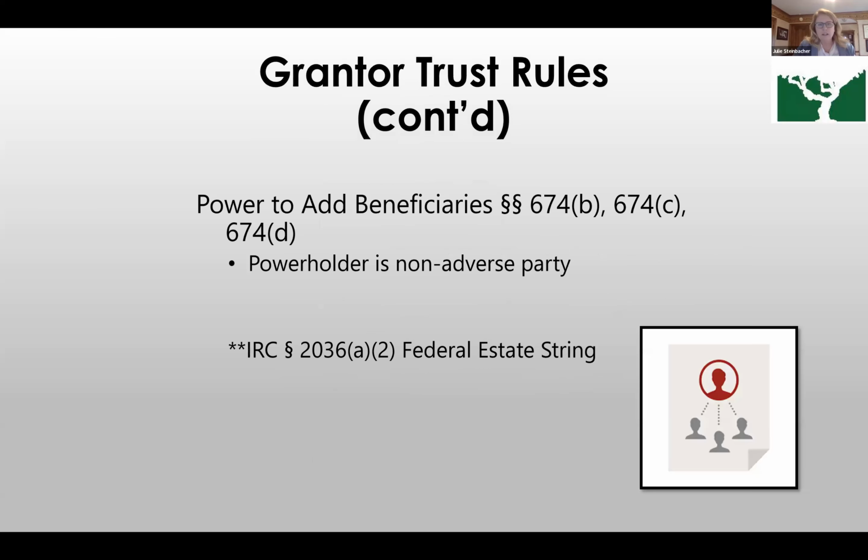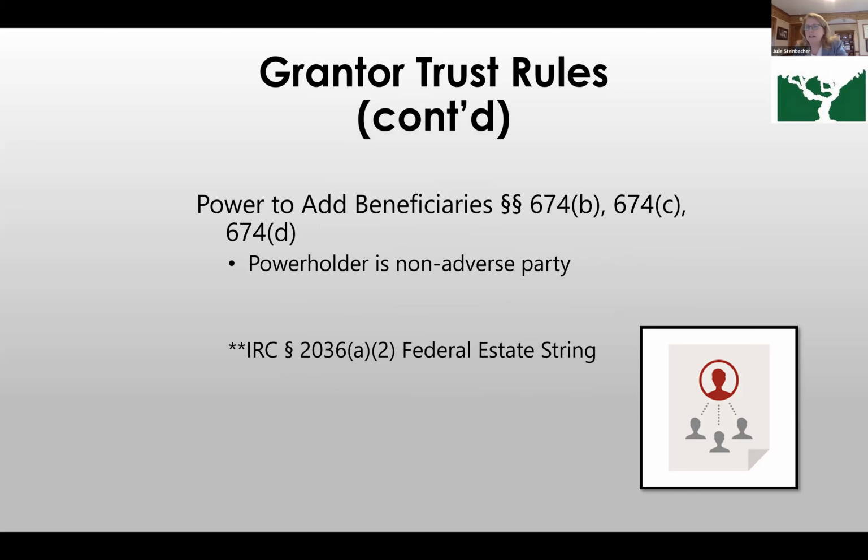The power to add beneficiaries. And again, that's in 674, B, C, and D. If I have the ability to add a beneficiary, that's going to bring it in my estate. And we often add that. And again, often people add grandchildren.